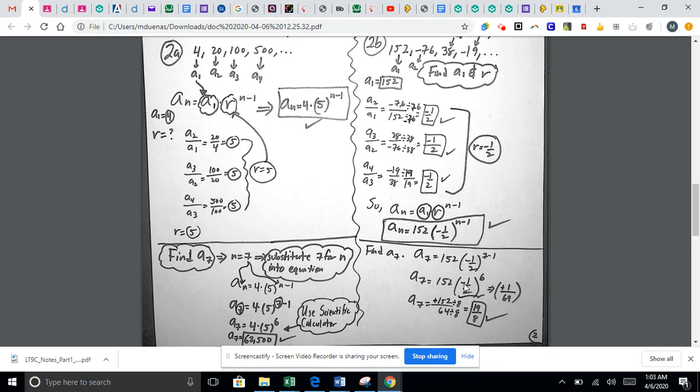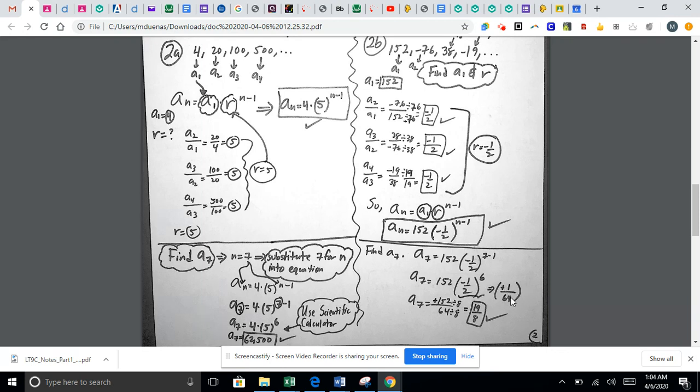Now, remember that's going to end up as a positive answer because we have an even number of negatives being multiplied, right? If you multiply 6 negatives, then you're going to end up with a positive answer always. So again, any even exponent, if you have a negative inside that you're multiplying an even number of times, it's always going to end up a positive. If it was an odd number, then you end up with a negative answer.